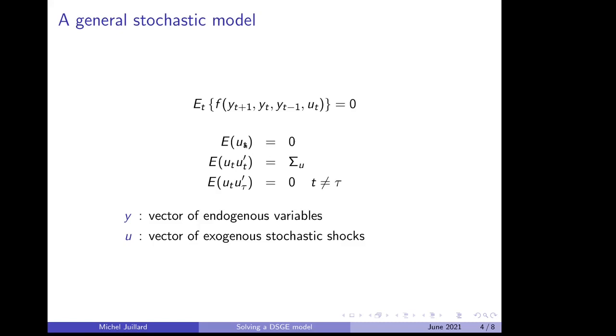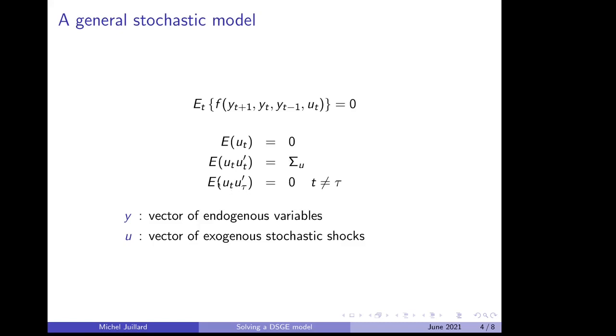We have a vector of shocks, so the shocks may be correlated in a given period, and we have the variance covariance matrix big sigma u. On the other hand, we postulate that those shocks are not correlated across time.